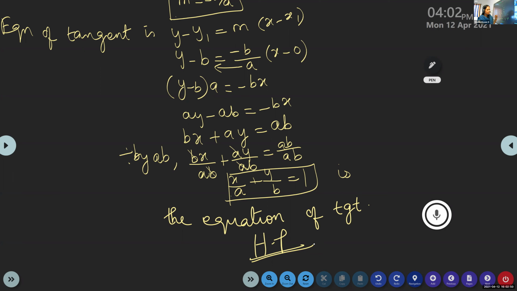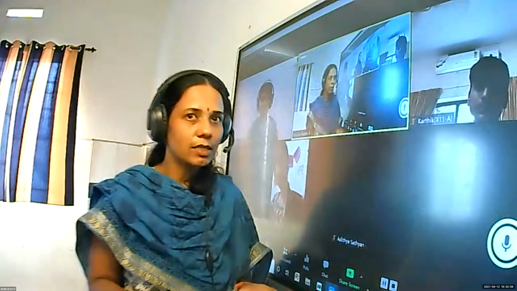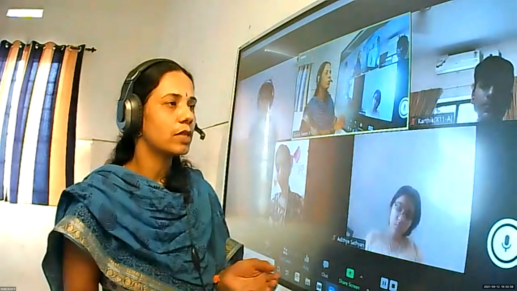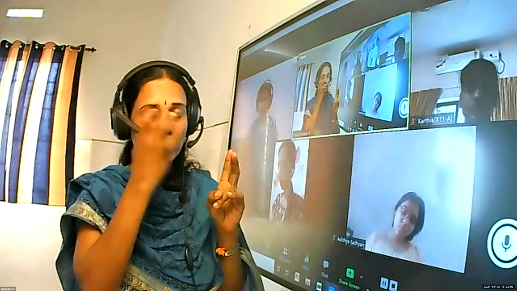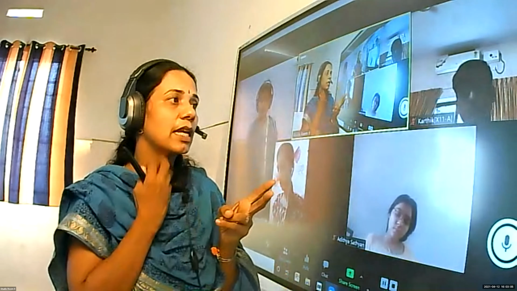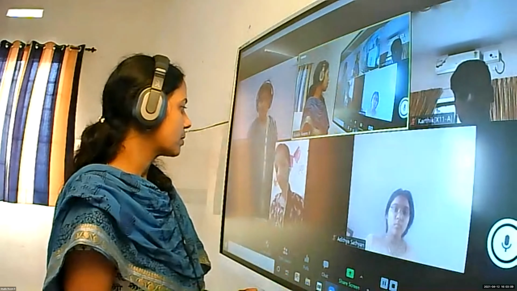Okay, Karthik. Whenever two points are given, we find the slope using the two-point form, y2 minus y1 by x2 minus x1. If two lines are parallel, what can you say about the slopes?